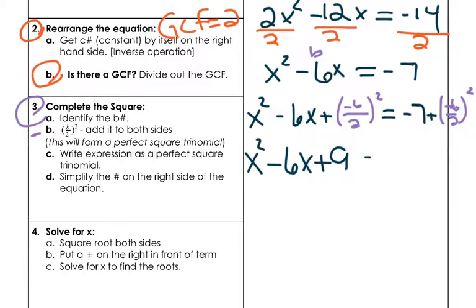That means I'm also adding 9 to negative 7, which gives me positive 2. Then letter D, simplify the number on the right side of the equation, which we did. All right, so now I'm going to keep going.